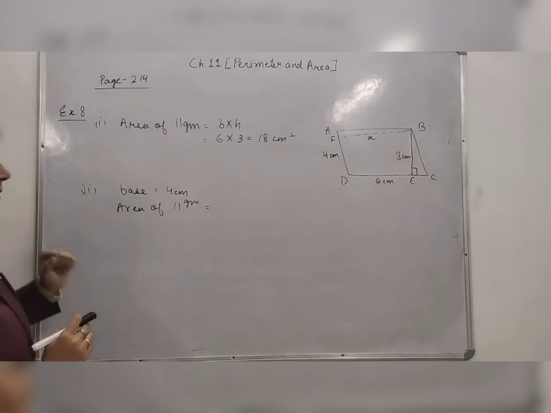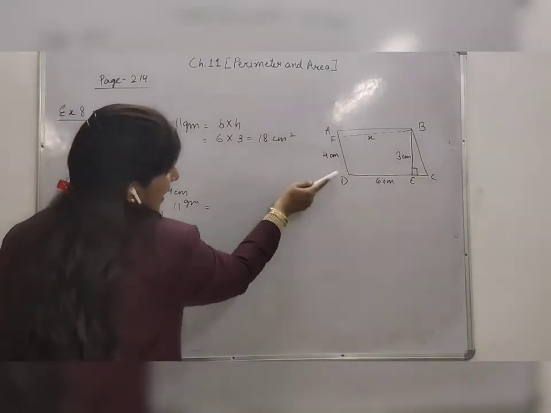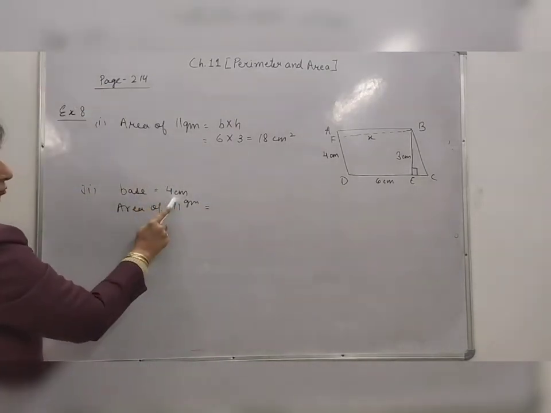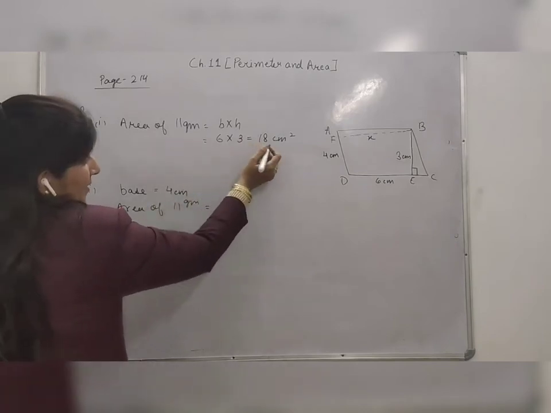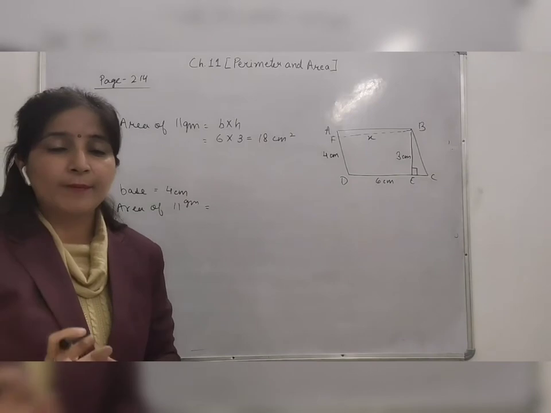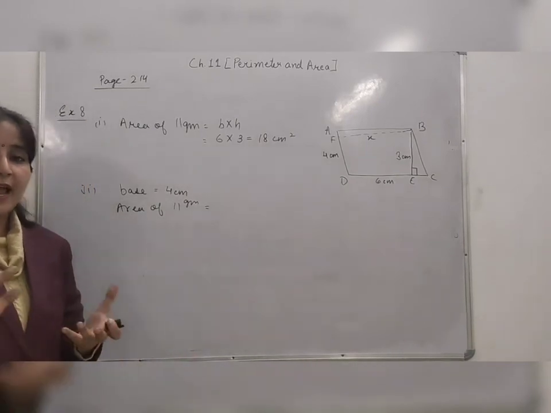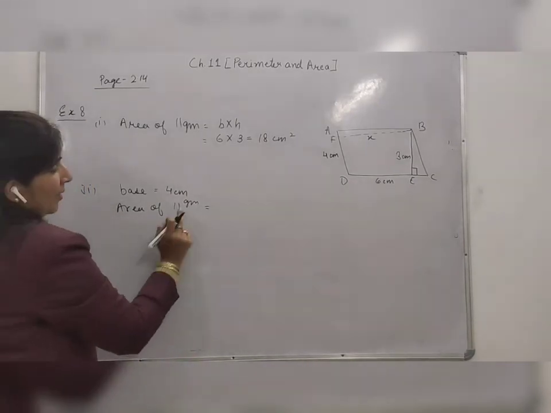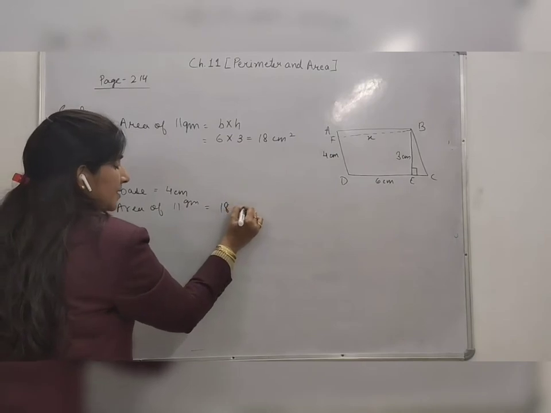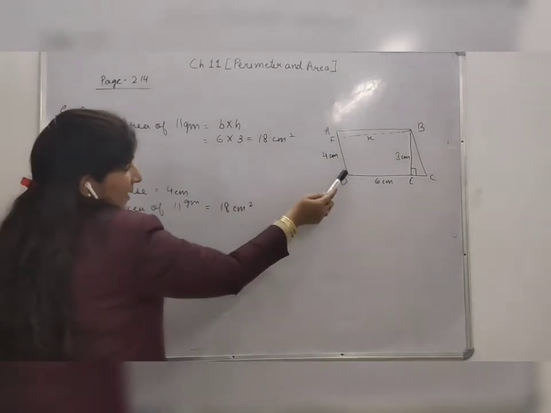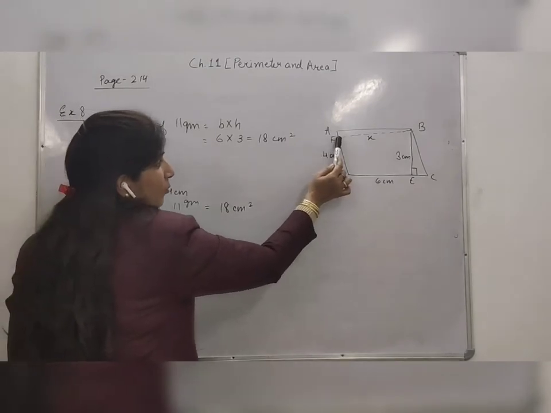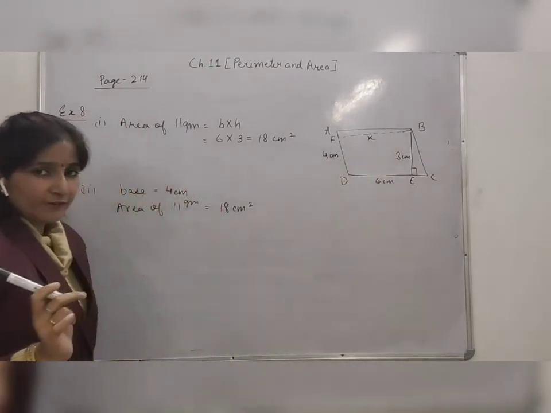Now the second part is, if we consider AD as the base, which is 4 centimeter. The area of the parallelogram remains the same if you consider any one as the base, so the area is 18 centimeter square. Now if we consider AD as the base, we need to find its height, which is not given to us.